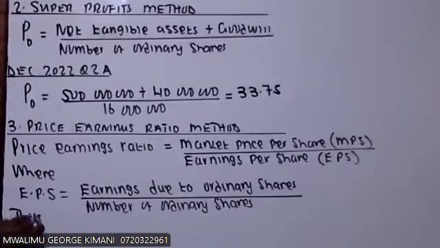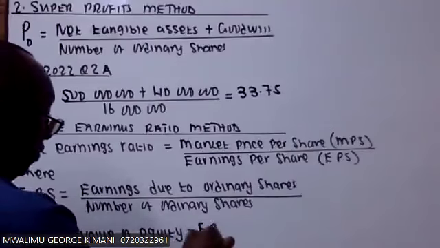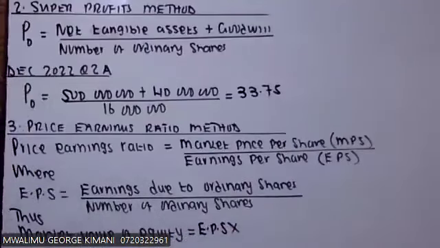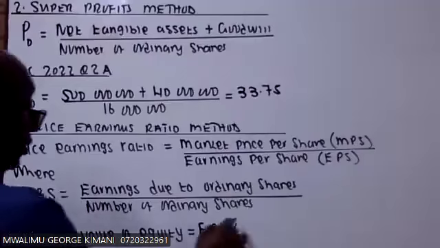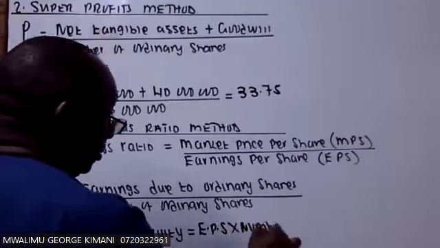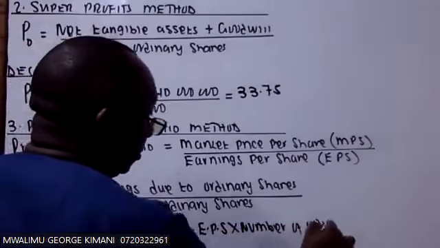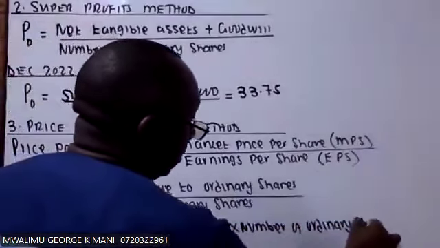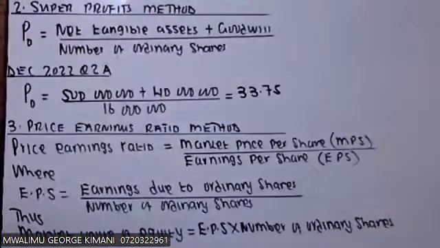And thus, market value of equity. If we are told to compute market value of equity, it is the earnings per share, the EPS, times the number of ordinary shares.